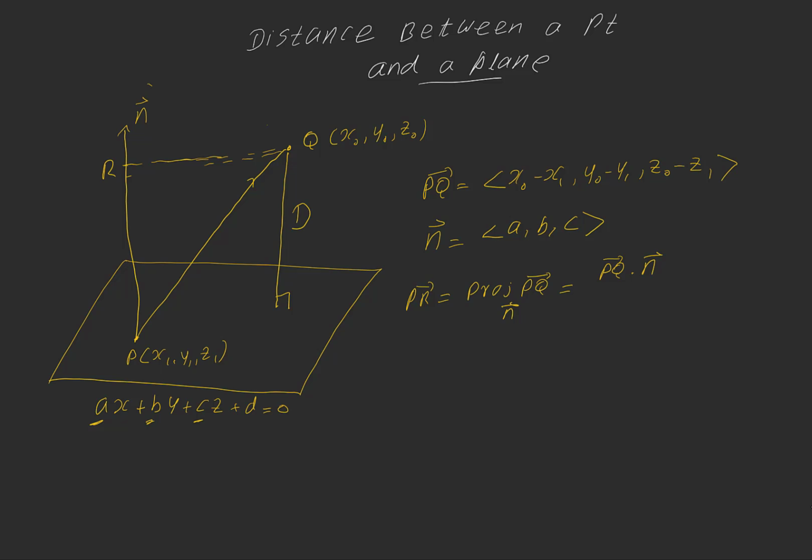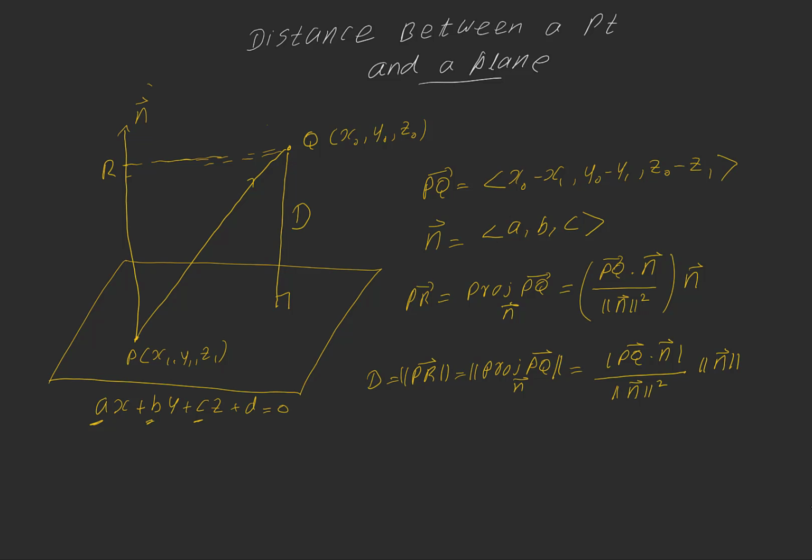The projection is PQ dot N divided by the magnitude of vector N to the power 2, times vector N. Again, D equals the magnitude of PR, so this equals the magnitude of the projection of PQ onto N. We can write the absolute value of PQ dot N over N squared, then we take the magnitude of N, because we take the magnitude of both sides.